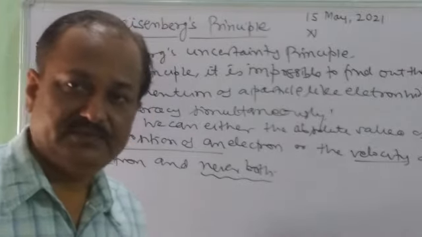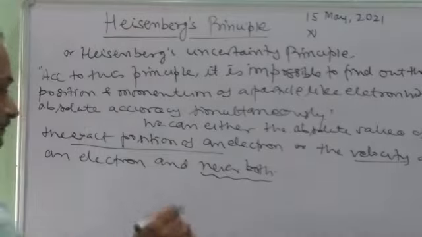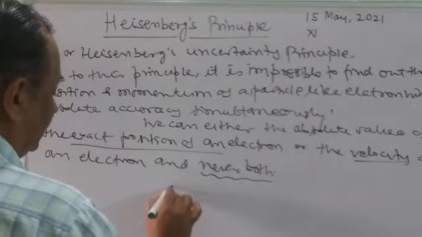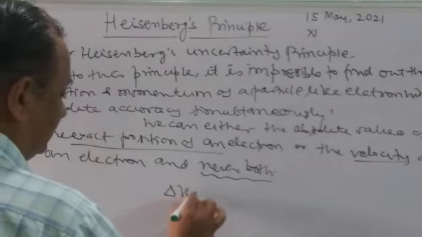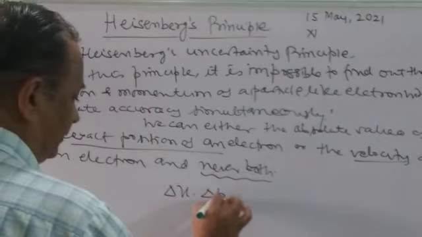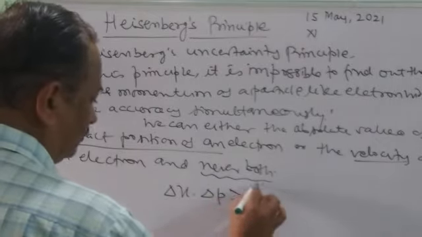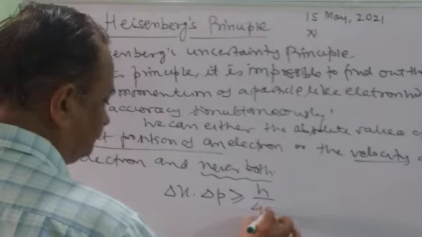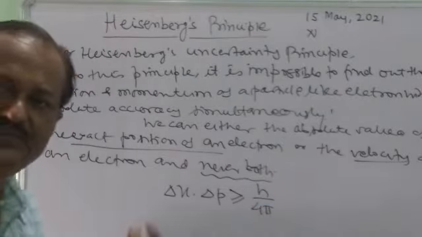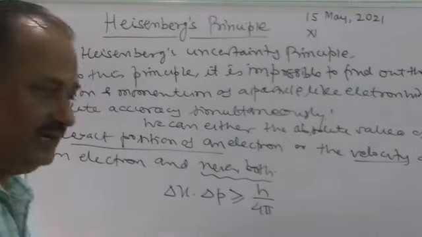So this is the statement, and its mathematical form is delta x into delta p is greater than or equal to h upon 4 pi. This is a very simple mathematical relationship.